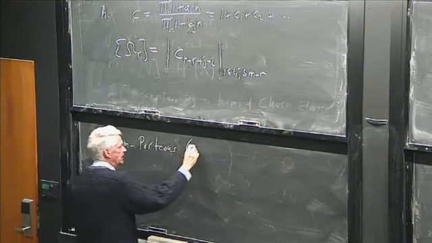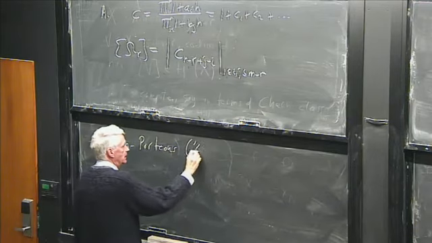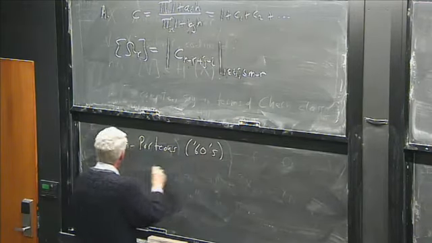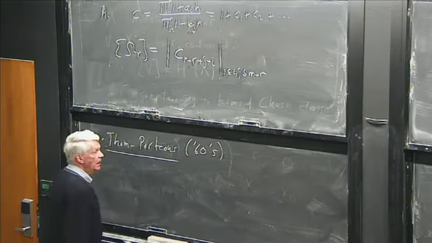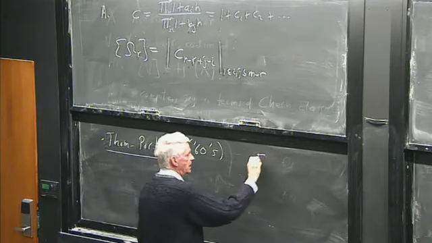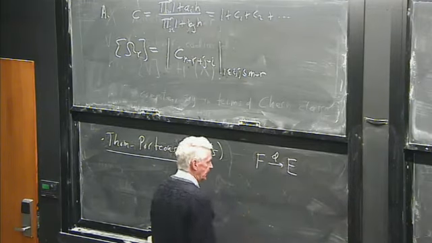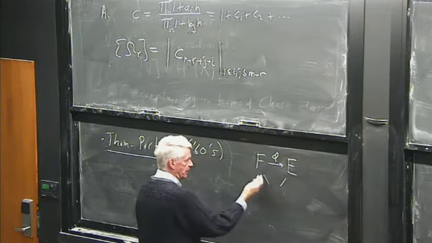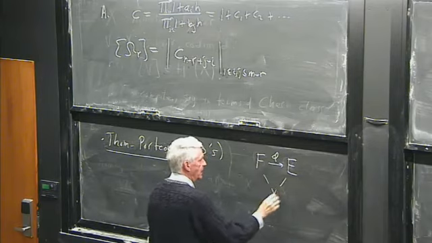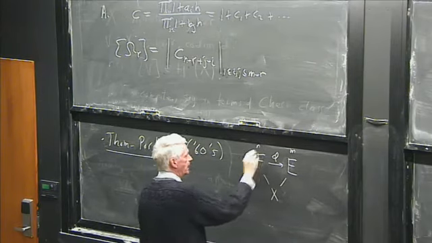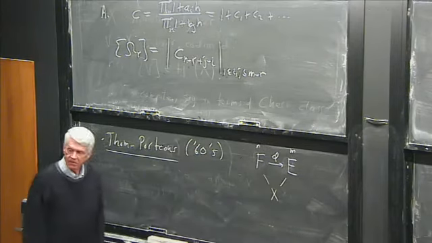So this is the 1960s, and René Thom looked at the situation where we have two vector bundles on a variety. Say this one has rank m and this one has rank n, and we have a map between them.